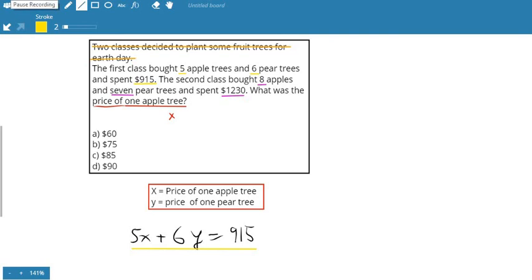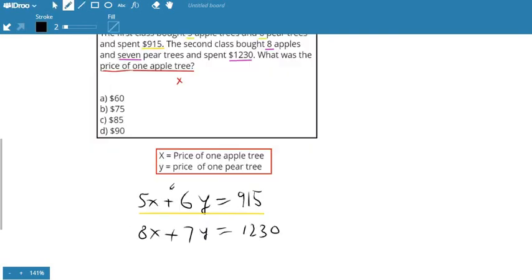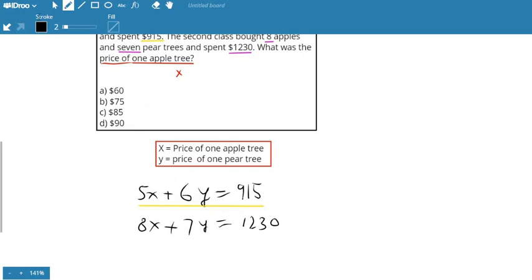Now let's translate the second statement, so 8x plus 7y equals 1230. That is the translation of your second verbal statement into a mathematical one. Now you have two equations. This one is 1 and this one is 2.